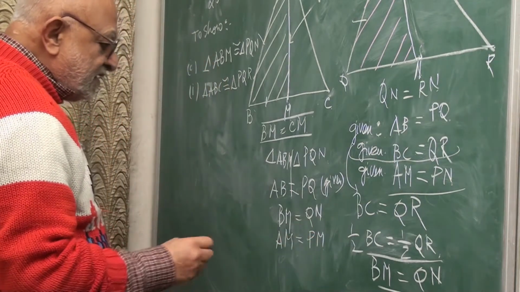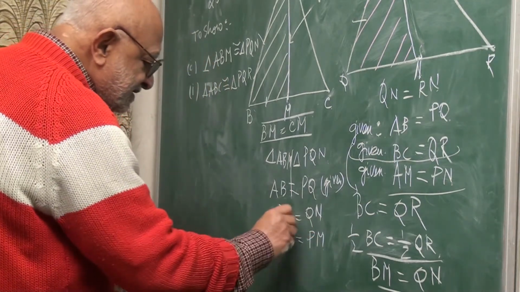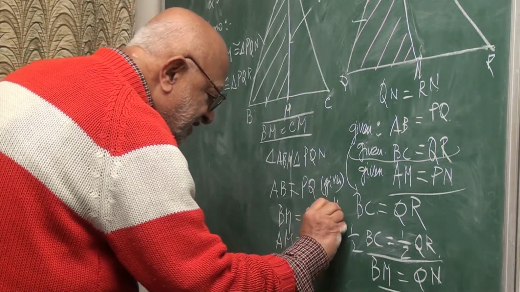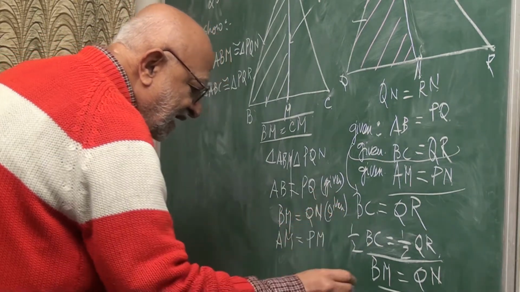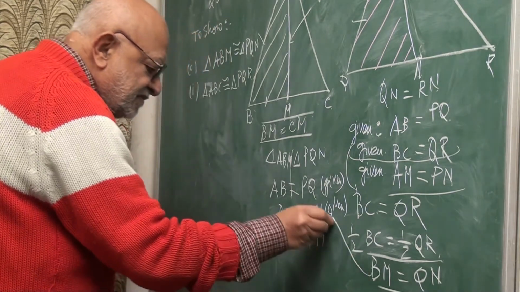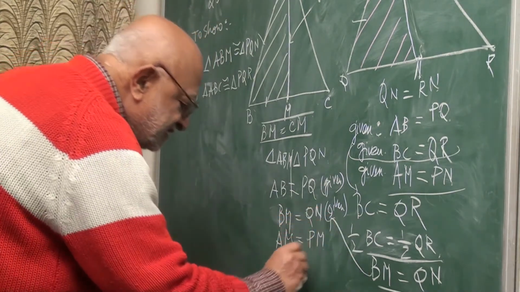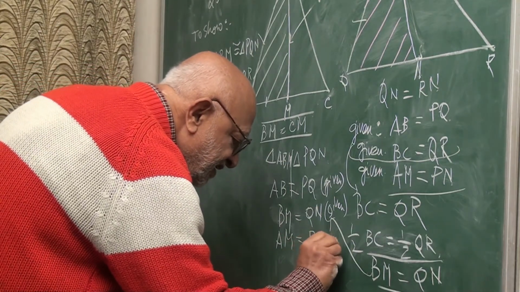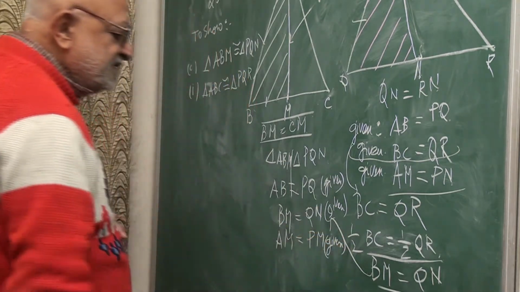So what is it? What we give? This is also given, by construction this is given, and this is by construction it comes in here. This is given. This is given. This is given.